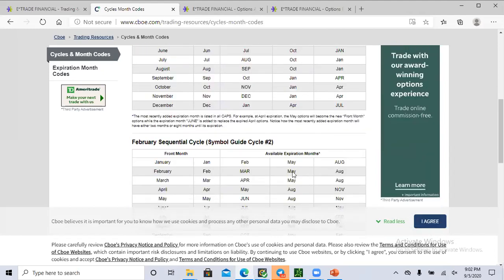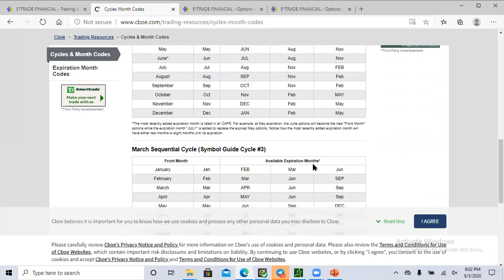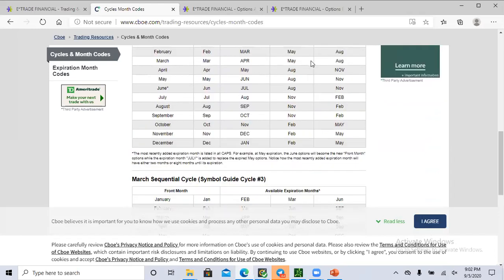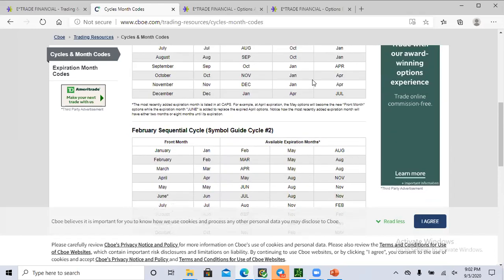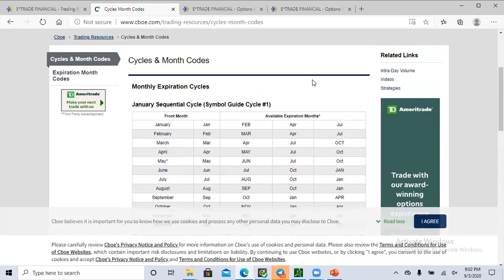April, July, May, August, March, January. These two right here go off of, I believe it's the fiscal year. So it's like one cycle, they use the first month. No, it's off of quarters, my bad.